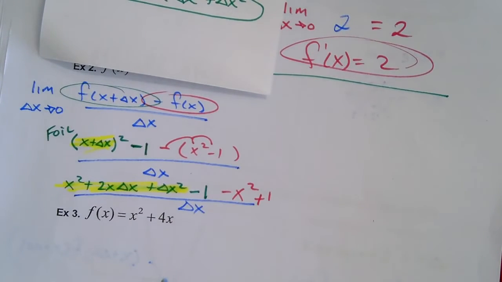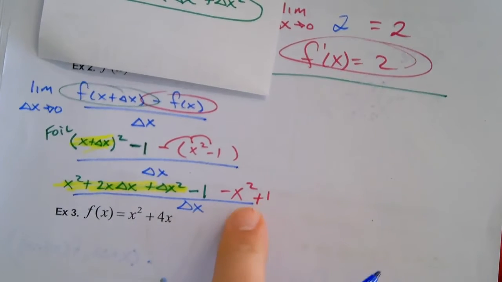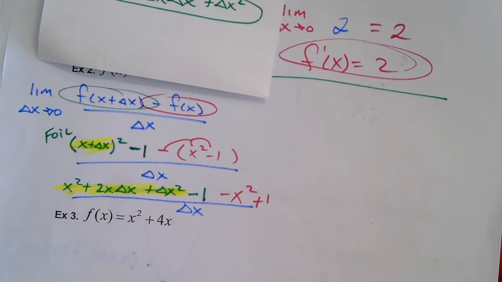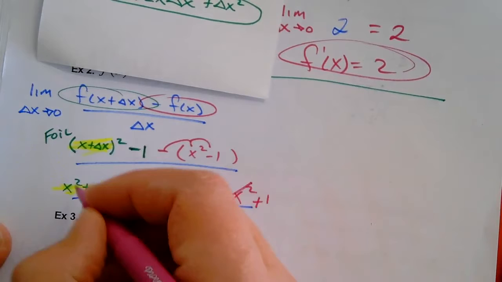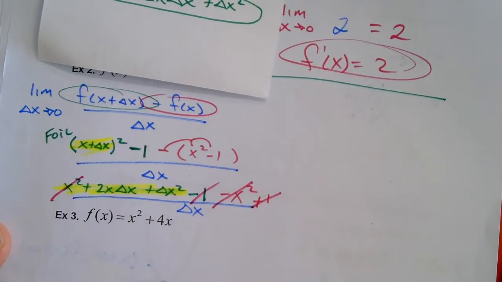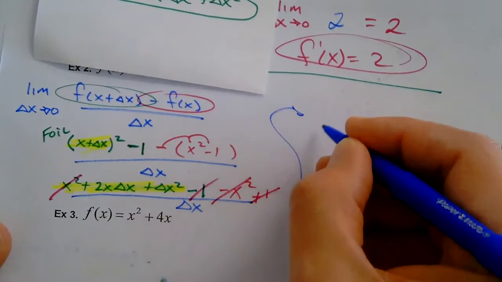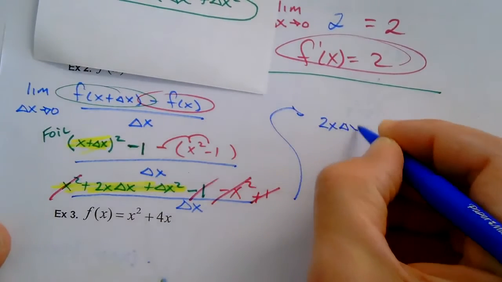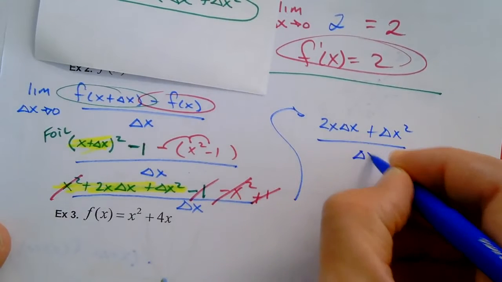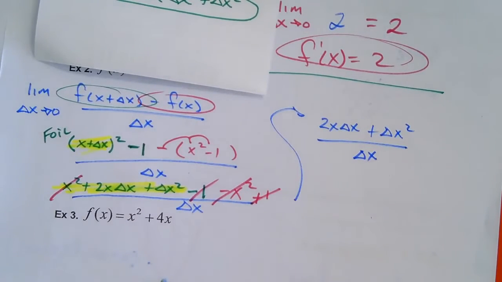Anything that's pink or fuchsia is going to disappear. This guy and this guy cancel. And now what I'm left with, I've got a 2x delta x plus a delta x squared all over delta x.